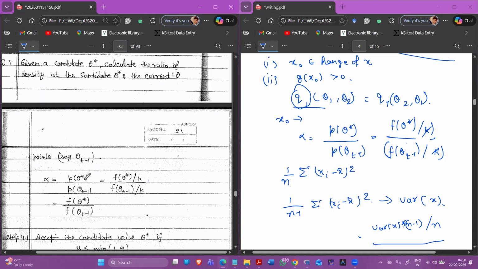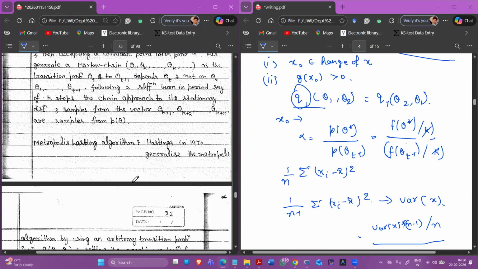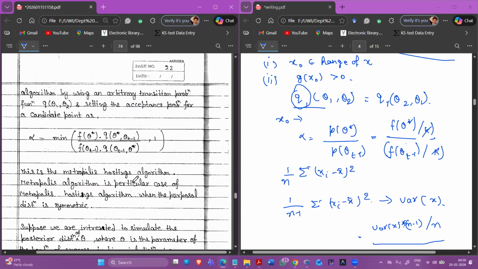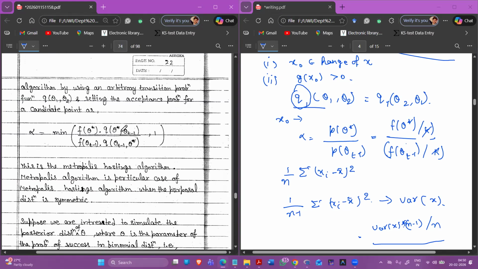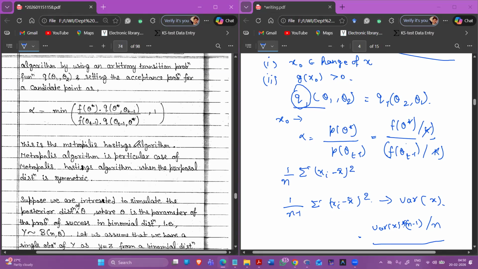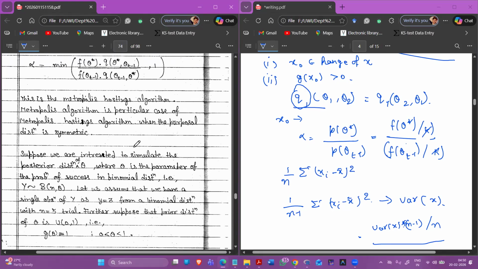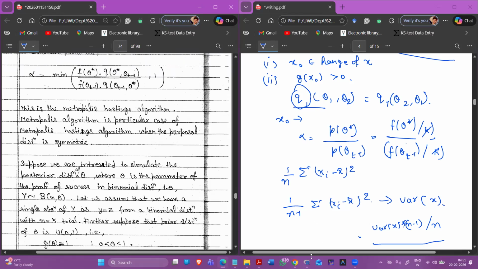We were not taking the ratio of that also. But in the Metropolis Hastings algorithm, what is the change here? We multiply by the jumping density q of theta star comma theta t minus 1, divided by q of theta t minus 1 and theta star. That is the only difference.